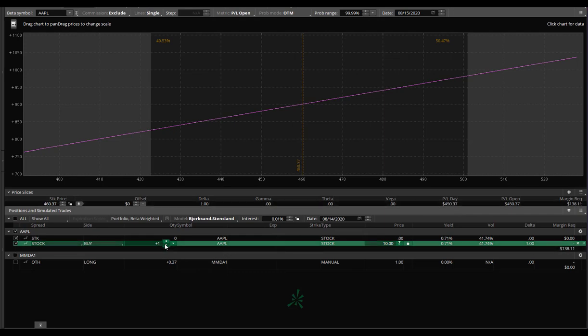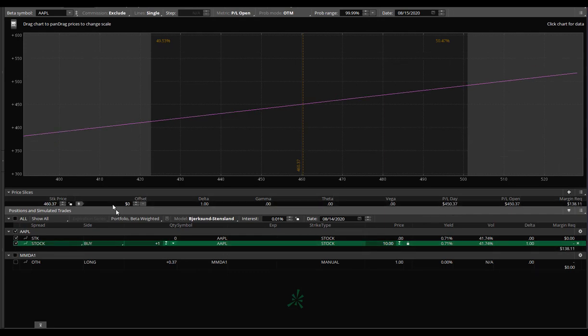So this was 1 share, right? See how this number is only $10 less than the price it is now, because you bought it for $10 in this example. That's showing you this line here.